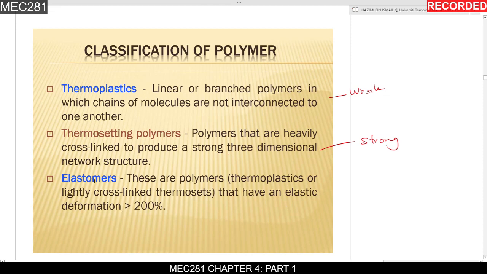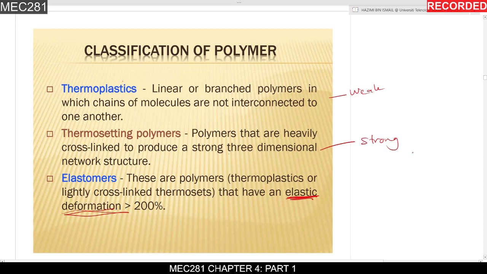So elastomers are the thermoplastic but with elastic properties. The difference between thermoplastic and elastomers is the extra property of elastic deformation of more than 200%.